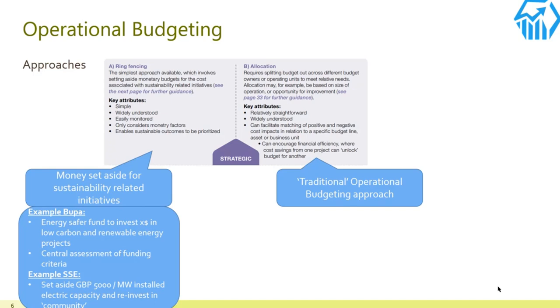The other example from SSE is where the company says, for every megawatt of installed electricity capacity, we give 5,000 British pounds to local communities. So that's the idea of ring fencing.